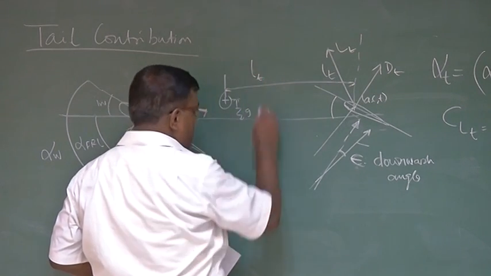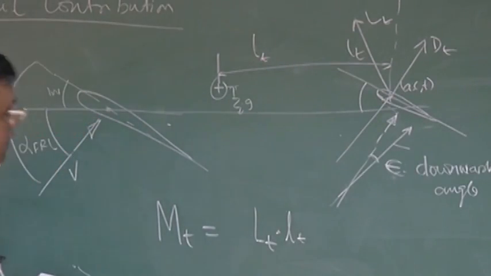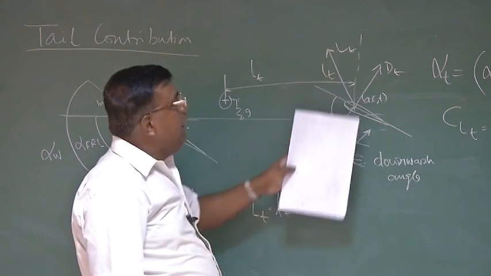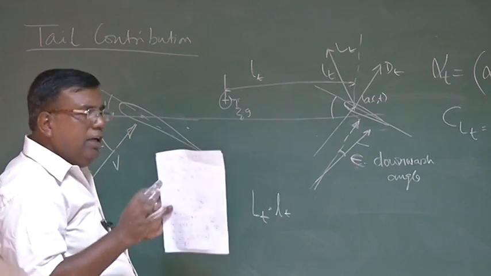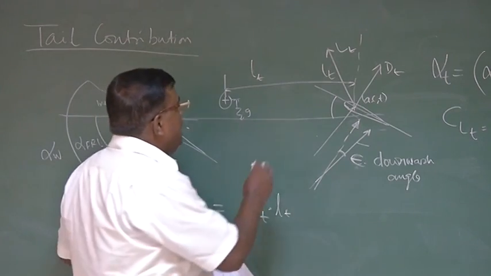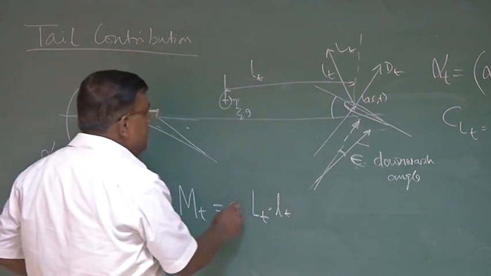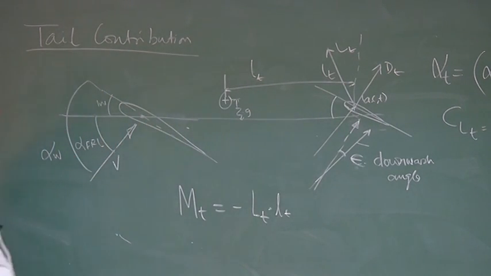Let's say this is LT, so capital LT into LT. What will be the moment? The moment will be primarily because of the tail. I am assuming all angles to be small. You can understand that this lift force into this moment arm LT will give the moment. However, I put a minus sign because positive lift will give me a nose down moment, and a nose down moment is negative. As simple as that.